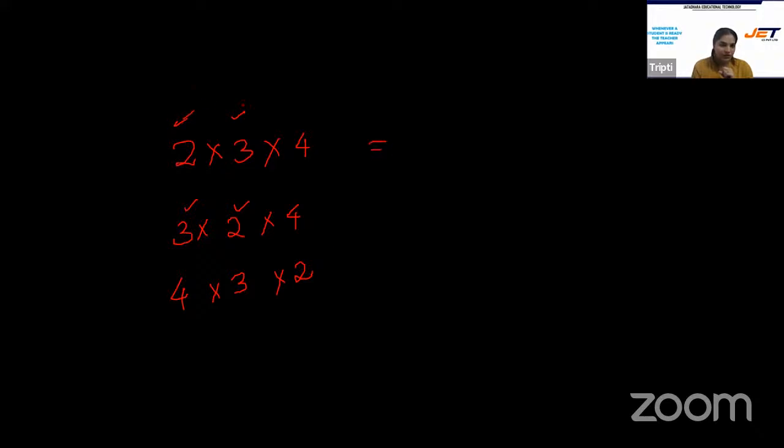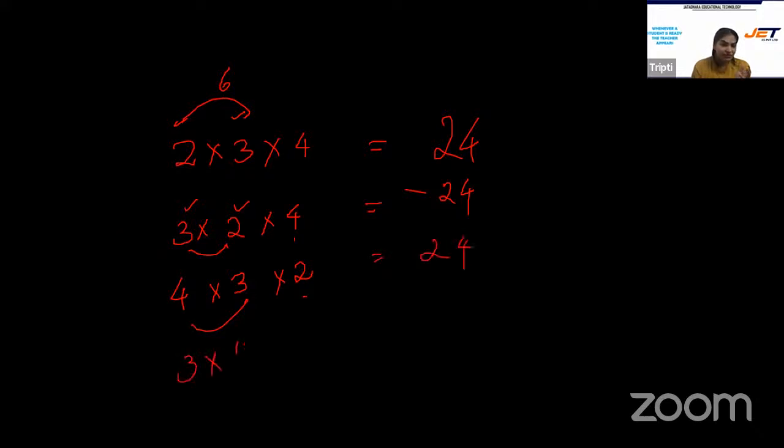Let's check out the answers. 2 times 3. What is 2 times 3? That is 6. 6 times 4, 24. 3 times 2, 6. 6 times 4, 24. 4 times 3, 12. 12 times 2, 24. Or even 3 times 4 times 2. 3 times 4, 12. 12 times 2, 24.